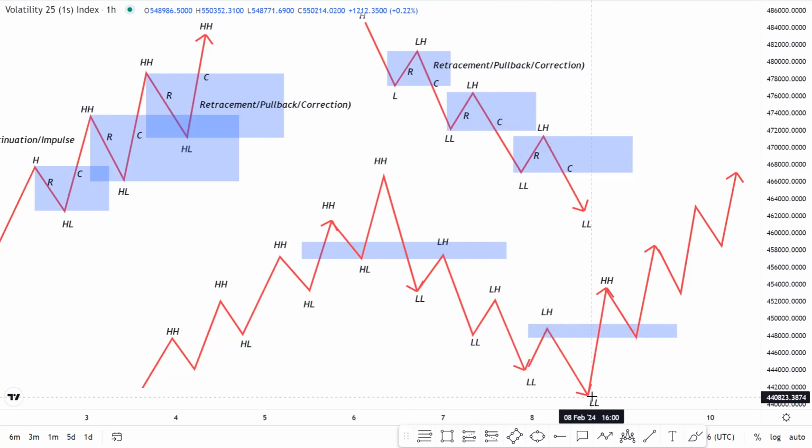And of course, this continues until we see a complete trend shift, a reversal in the market. After the reversal, we tend to see the market move back to presenting us with a retracement and then the correction again.